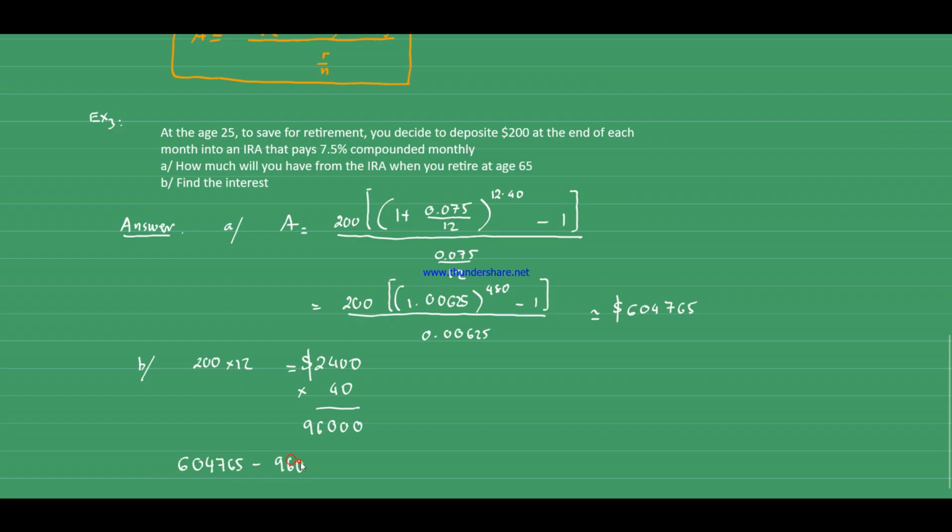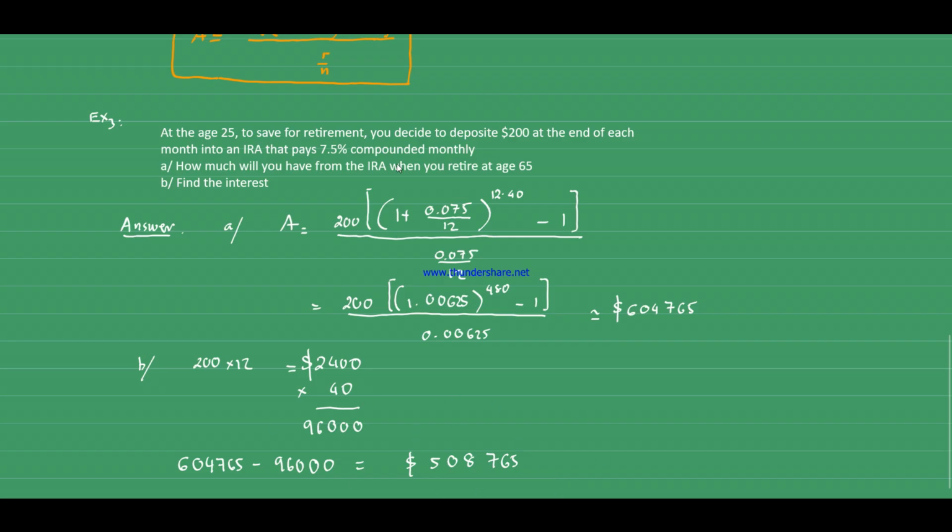Minus $96,000, you make around $508,765. So you see that with compounding monthly, you can make a lot of money.